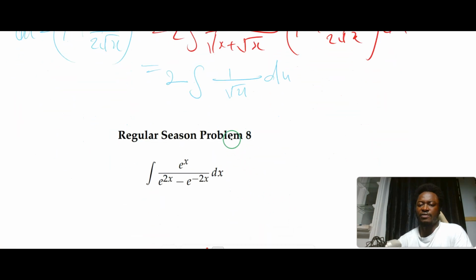So therefore this will be, you just write it as 4 times the integral of 1 over 2 square root of u du.